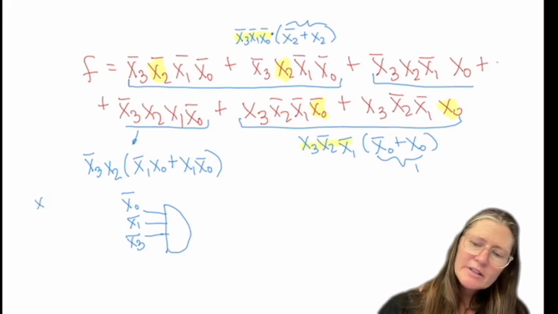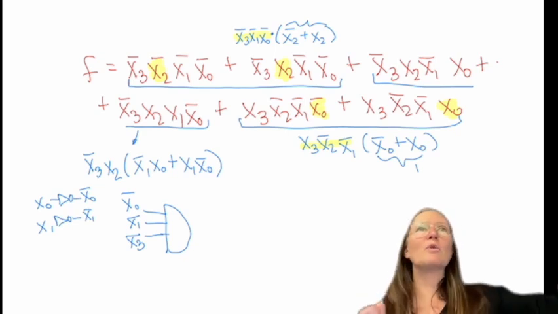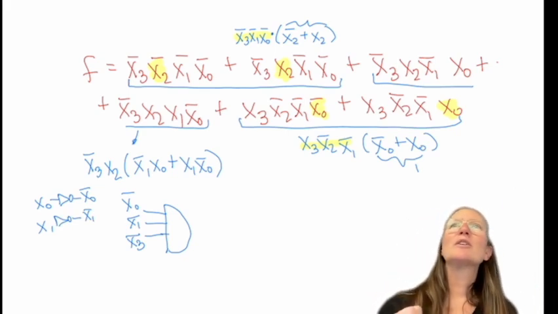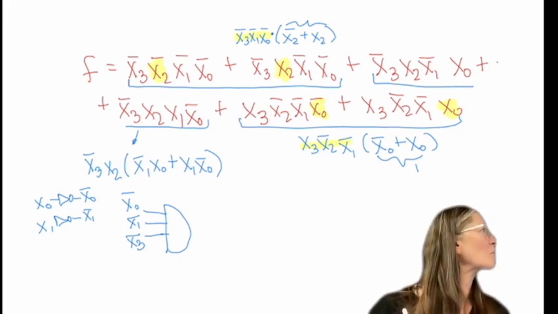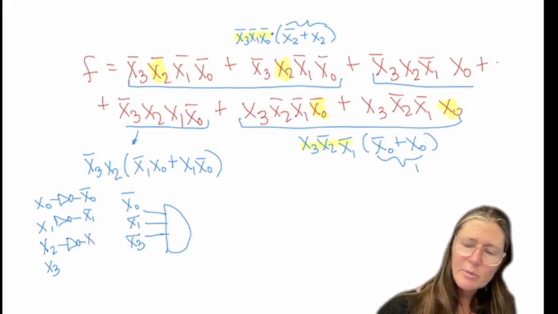And we get x0 bar by putting it through an inverter. And we would do that for each one of them. I'm just going to label them so I don't have wires going everywhere. When you actually do the simulation, you would wire them directly up. So you would do these for each of the variables.